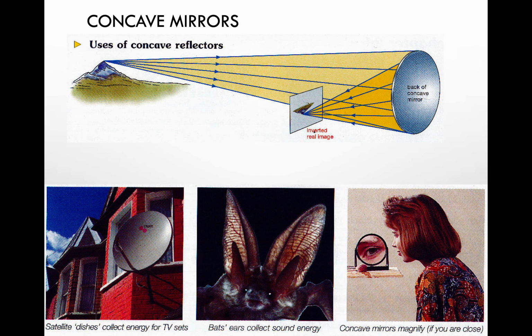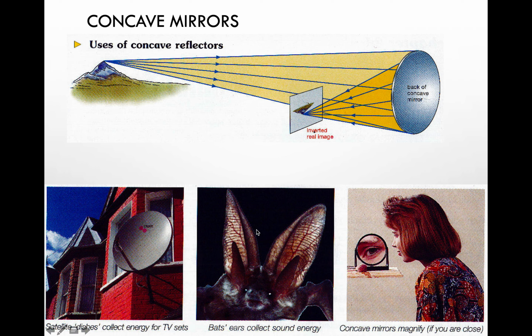How can I use the concave mirror? Mostly the concave mirror is used as a collector or converger for material or light beams, to bring all the parts to be focused in one area. You can see here that satellite dishes mostly collect energy for the TV sets.